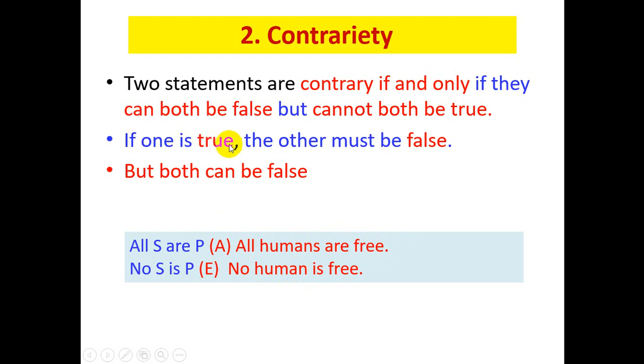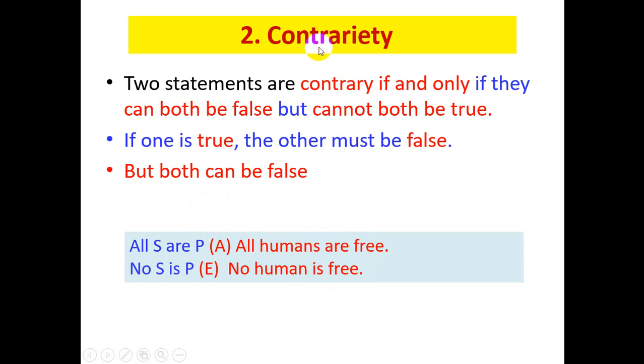If one is true, the other must be false. And both of them can be false, but both of them cannot be true at the same time.